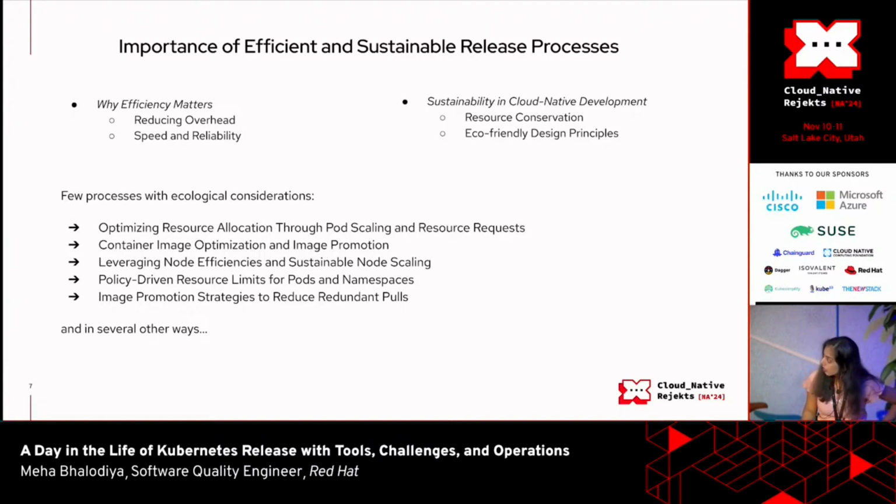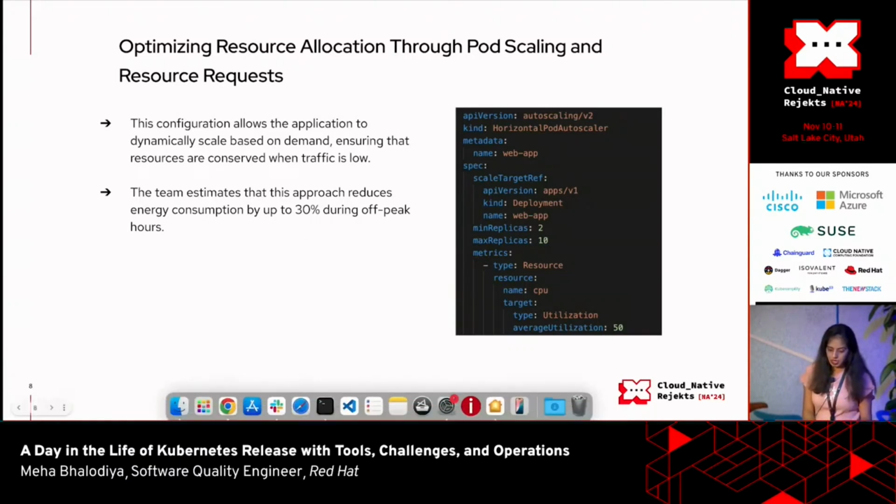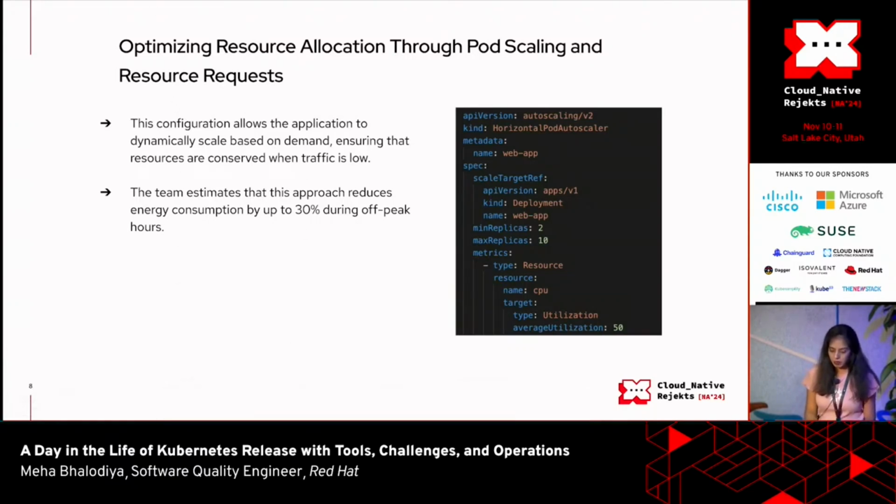So let's quickly see the strategies. Firstly, optimizing resource allocation through pod scaling and resource requests. In Kubernetes, effective resource management means reducing unnecessary workload and avoiding resource wastage.